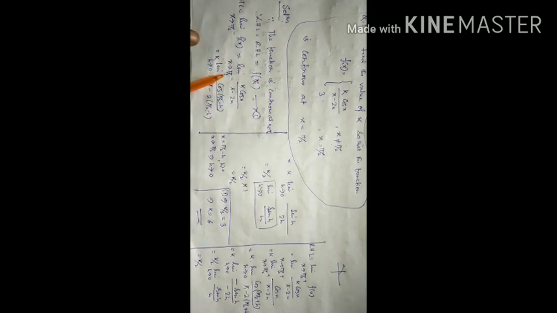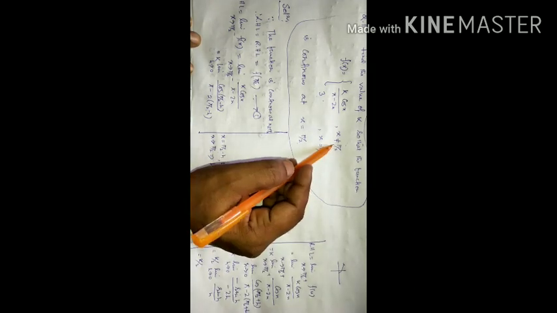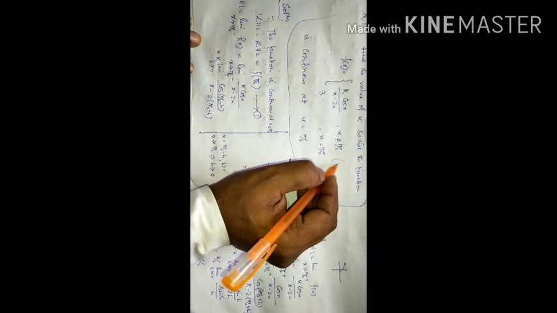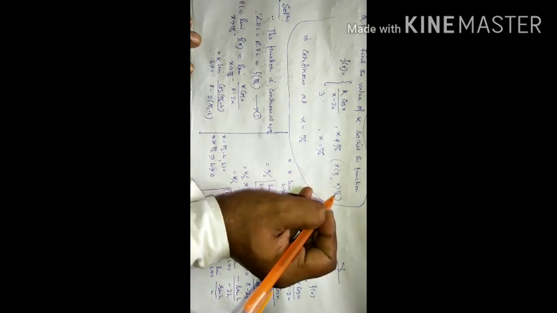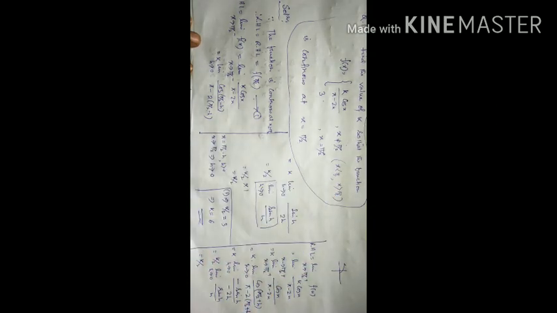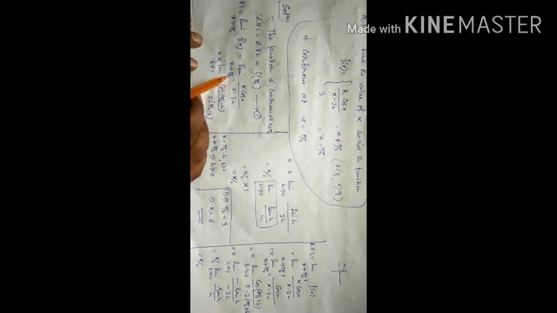X tends to pi by 2 minus means x is less than pi by 2, which means x is not equal to pi by 2, so the functional value is this.